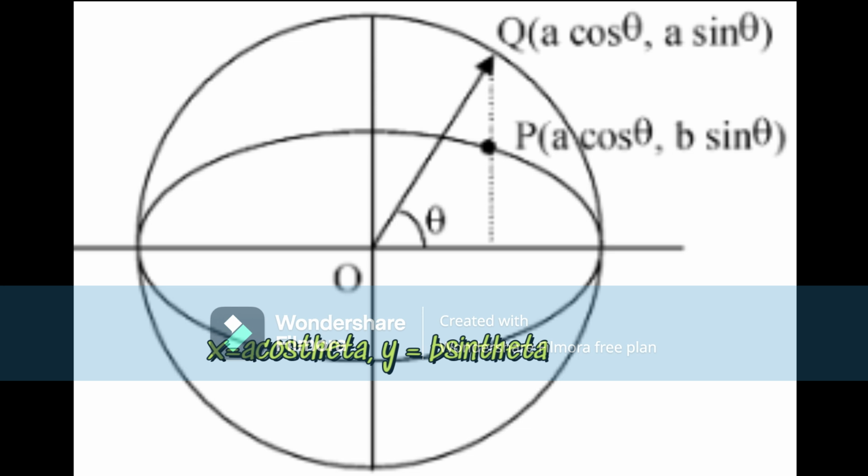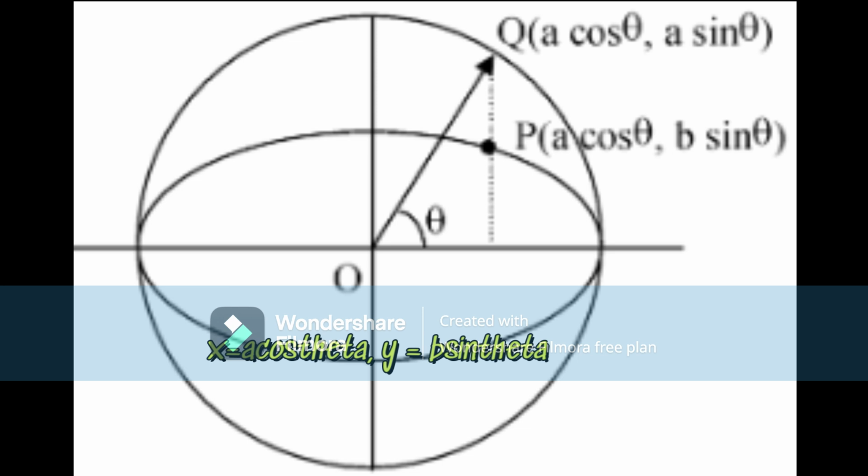Why is that? Because when you join the center to that point and you call x as a cos theta, there is also an a sine theta component, because now that you're breaking that line into its cos and sine components, you have named an a cos theta component, fine, but there is also an a sine theta that exists on the ellipse, which we haven't taken care of.